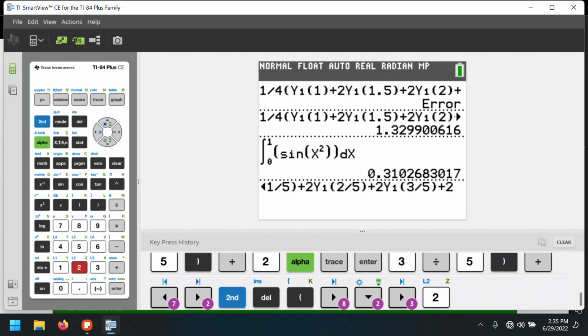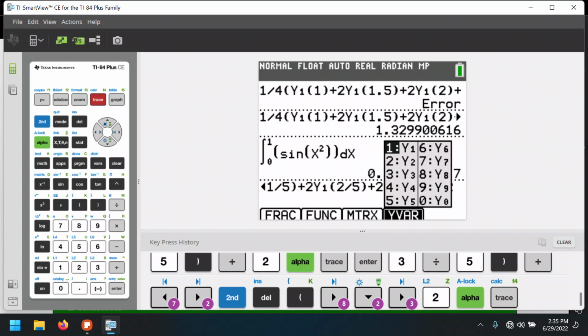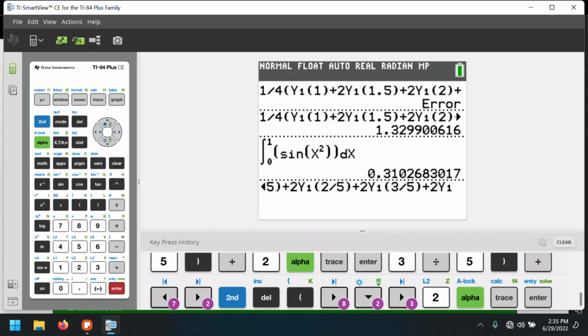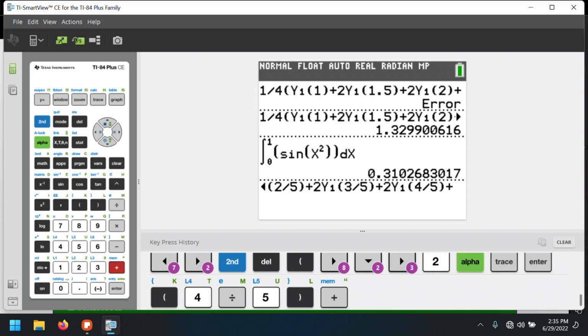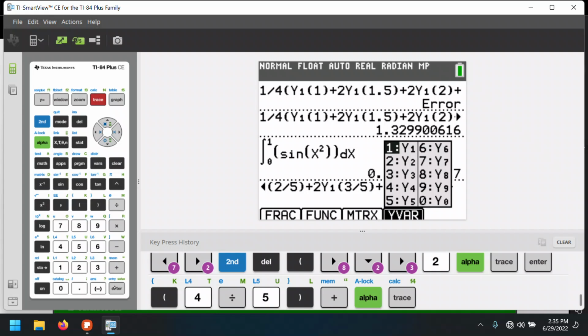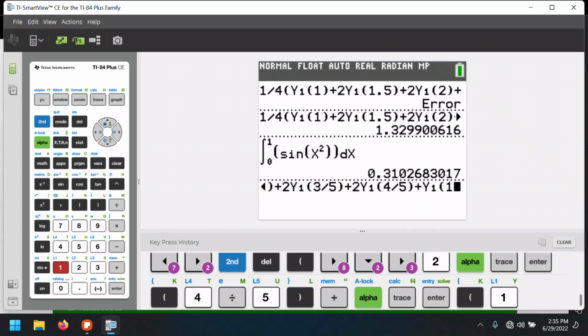Plus 2 times alpha trace, enter, and that's 4/5, close parentheses, and the last one doesn't get multiplied by 2. That is alpha trace of 1.